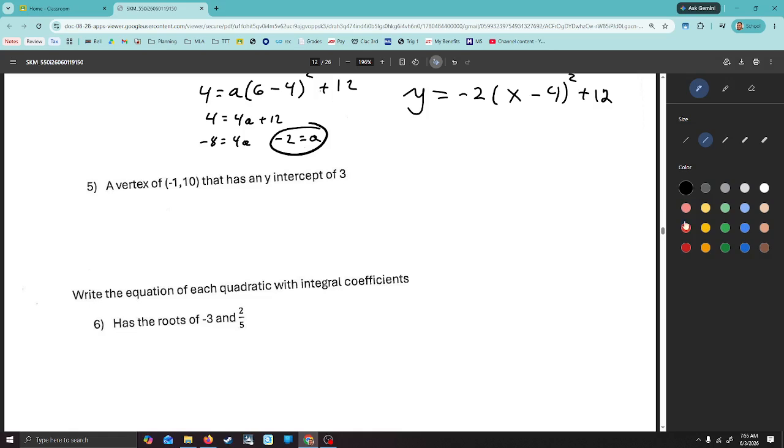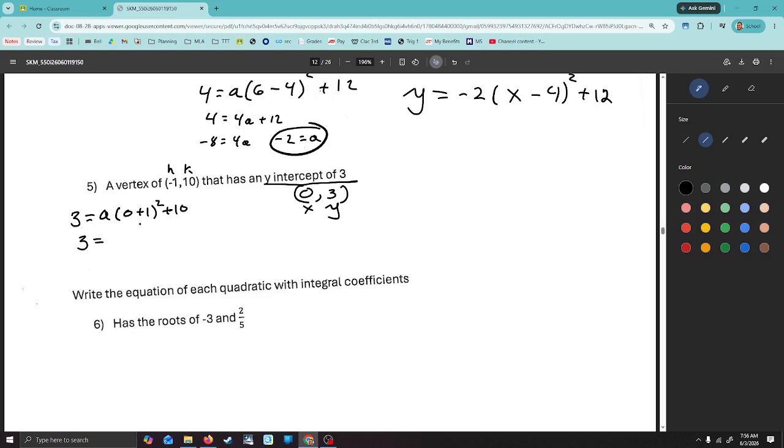All right, number 5. It has a vertex of (-1, 10), so that's going to be h and k, and a y-intercept of 3. Since it's a y-intercept of 3, I know that means it's at (0, 3), so that gives me a point, x and y. So same process as before, we're just plugging in stuff. 3, the y value, equals a, which I don't know, times (x, which is 0, minus h, which is going to be plus 1) squared, plus k, which is plus 10.